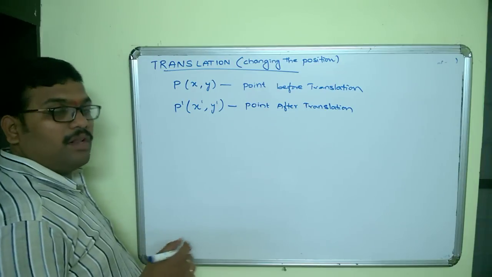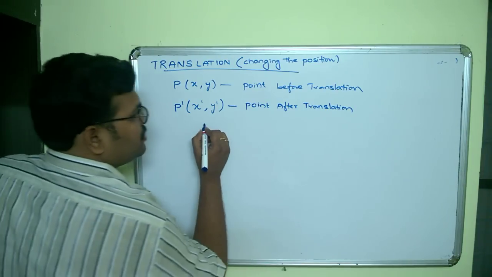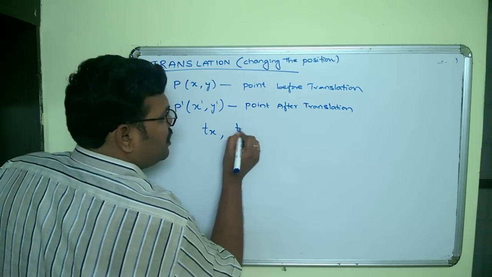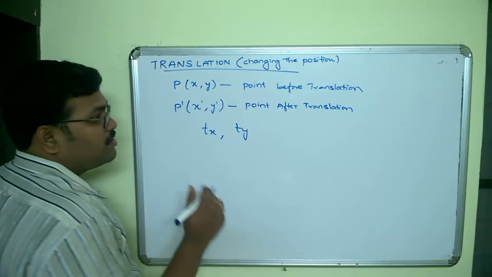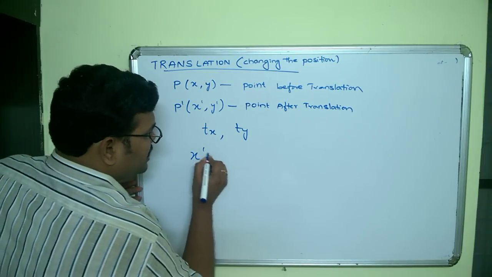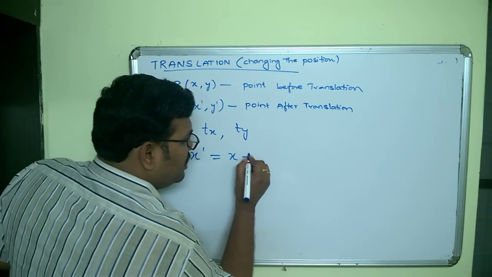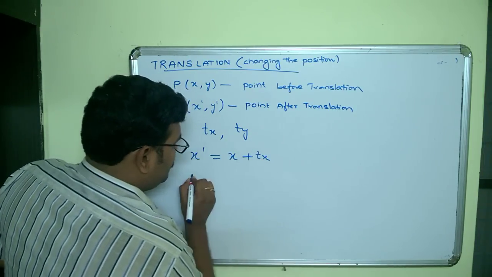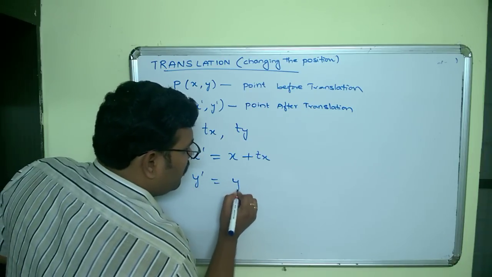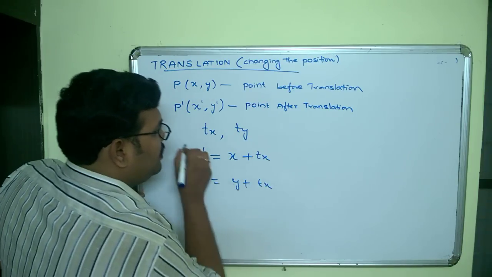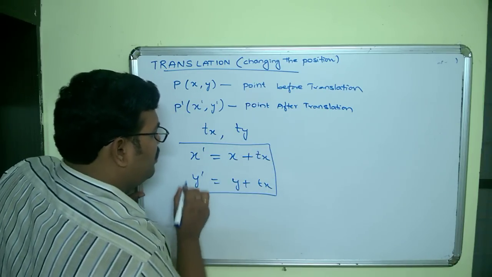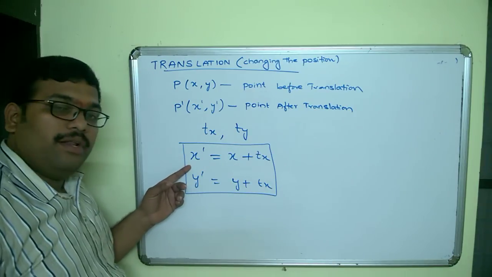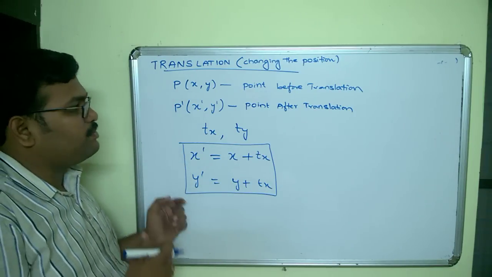So we require the translation parameters tx, ty with respect to the x-axis and y-axis. The formula is x dash is equal to x plus tx. Similarly, y dash is equal to y plus ty. This is the formula used to find the new coordinates after translation, x dash, y dash.